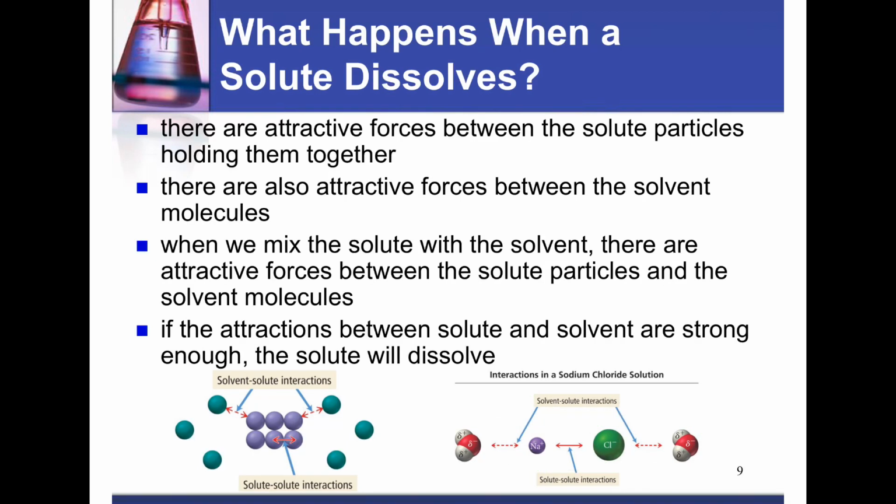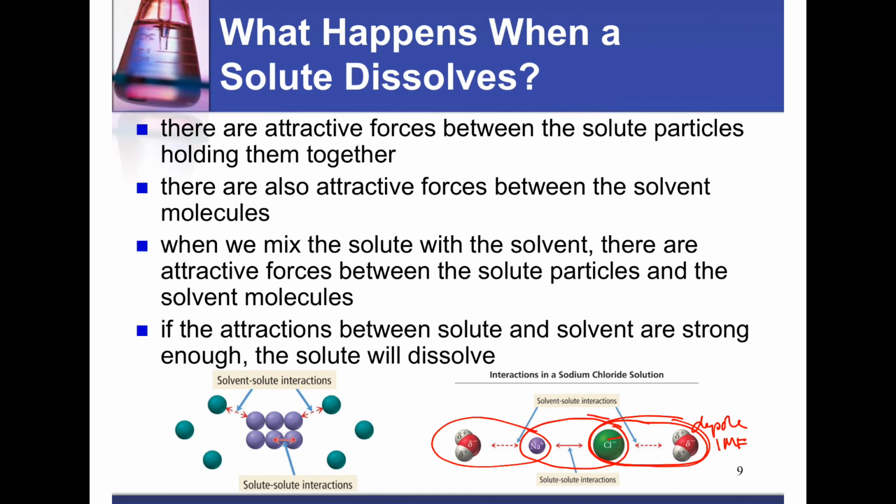Now what we really have to think about is, are the attractions between the chloride and the water and the sodium and the water bigger or smaller than the attraction between the sodium and the chloride itself? If the ion-dipole intermolecular forces are stronger, the sodium chloride is going to be ripped apart.